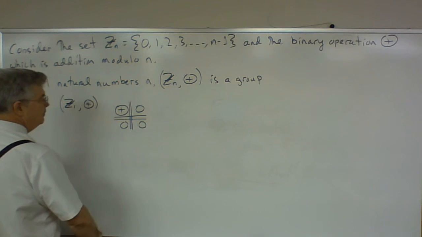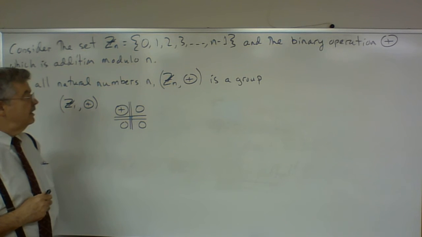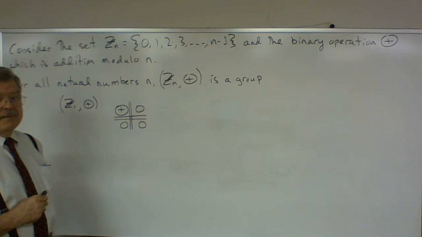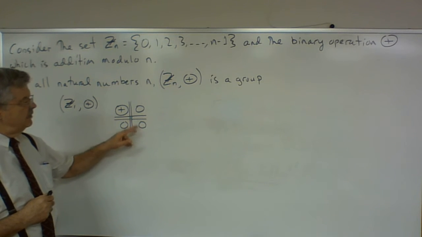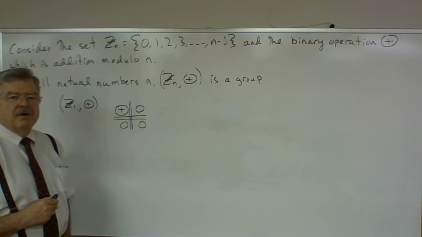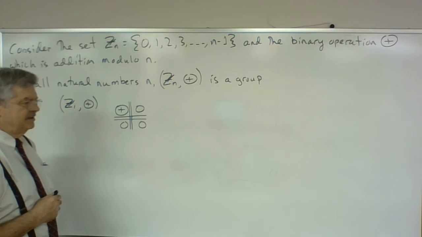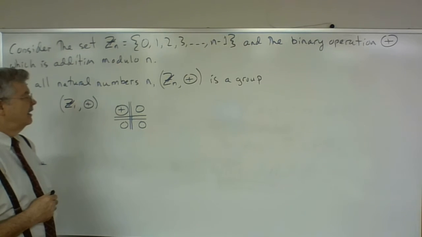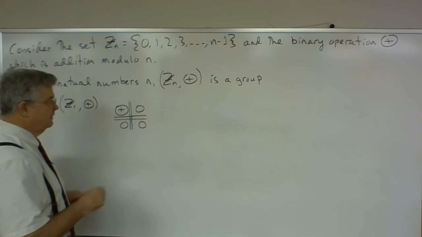I guess that was too easy. This group has one element in it, 0. 0 is the identity element. If we add 0 to any element, we get that element back. 0 is also its own inverse under addition modulo 1. This is a group. It's a trivial group.